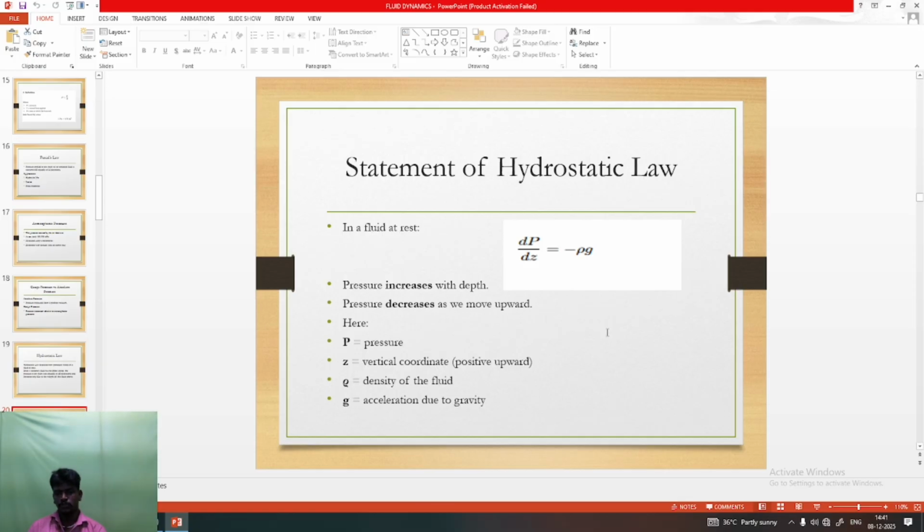If you go down into a deep well, we get a difference between the high depth and low depth levels, and our ears feel pain due to the pressure level variations. Here P is pressure, z is the vertical coordinate, positive upward, ρ is the density of the fluid, and g is the acceleration due to gravity. We know the value is 9.81 meters per second squared.